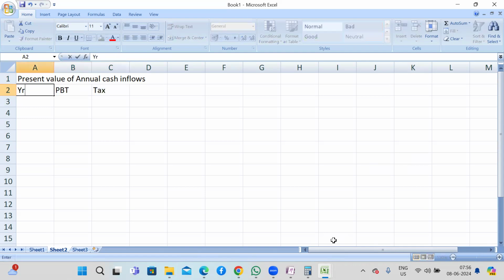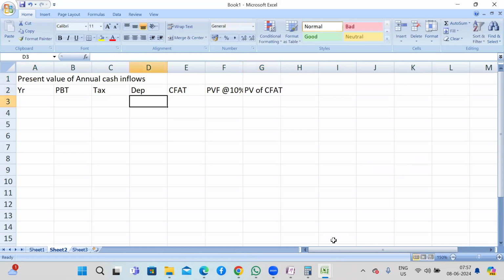So here it is year, depreciation. So cash flows after tax I'm going to have. Then present value factor at 10%, then present value of cash flows.